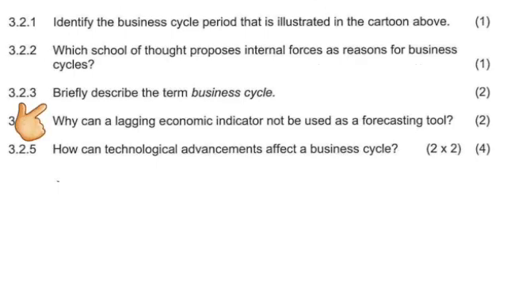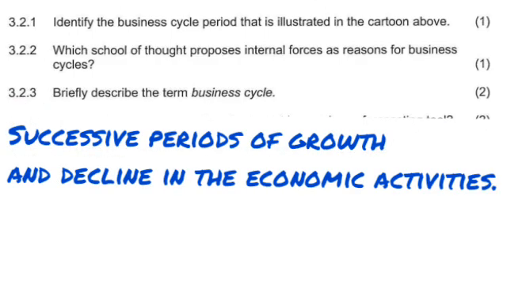Then the next question says, in 3.2.3, briefly describe the term business cycle. If you have done that video on the business cycle, you should be familiar with this term. We talked about the description of this term in that video, as well as questions that asked us to describe the business cycle. So it's basically the successive periods of growth and decline in economic activities.